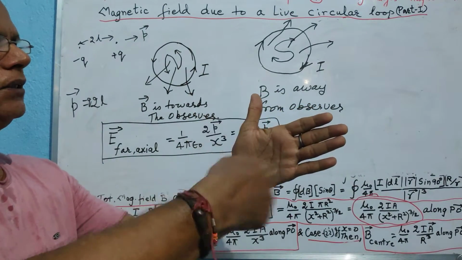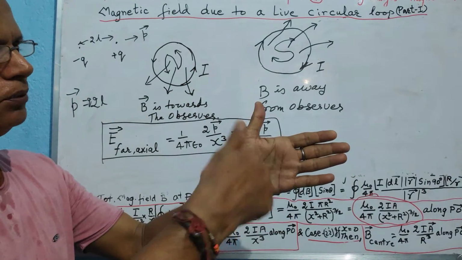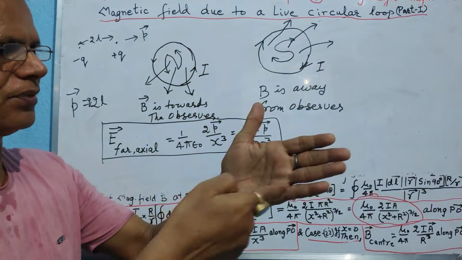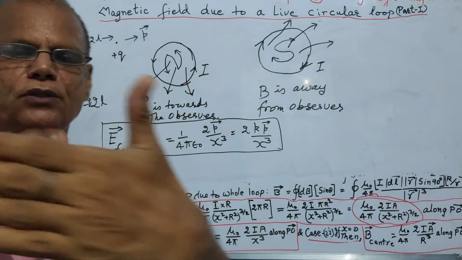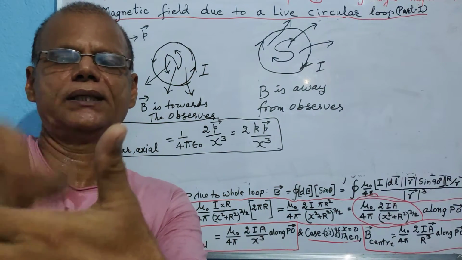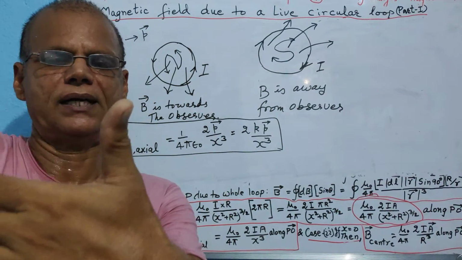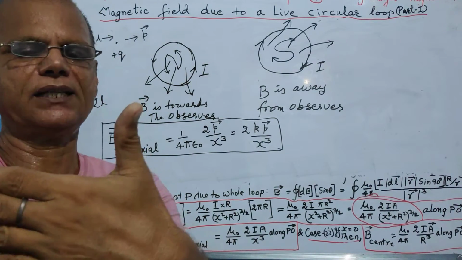When you look at it from the opposite face, the current is clockwise for you, and once it is clockwise, this face behaves like a south pole.